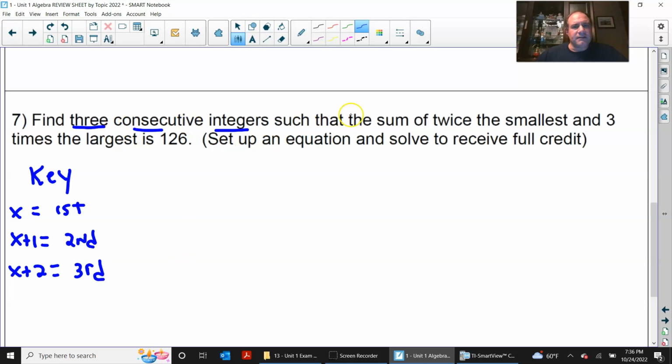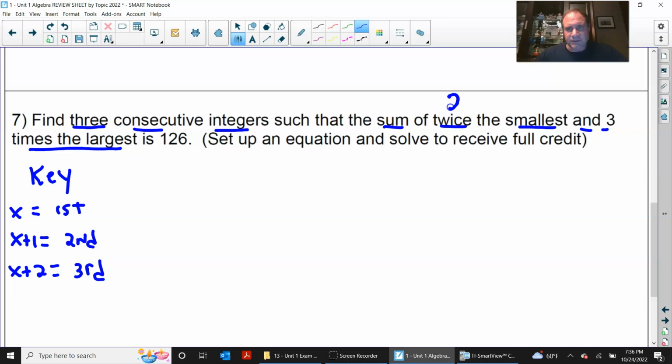All right, 3 consecutive integers such that the sum of twice the smallest and 3 times the largest. Twice the smallest. The smallest is x. Here's the smallest, all right, x.